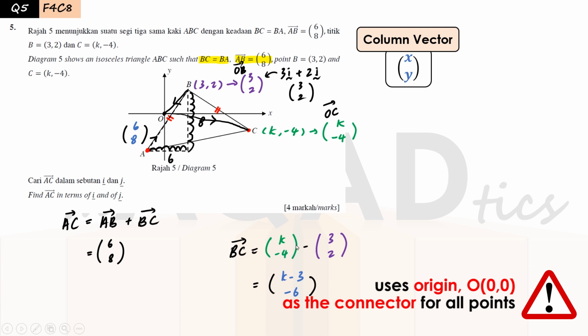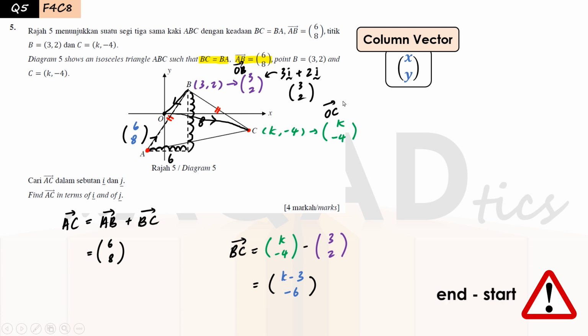That's why we can minus these two values to get the vector. Alright, so why can we use this is because we are using the origin point. And the fastest way to do this is to use the final point's column vector and minus the starting point's column vector to find the vector.